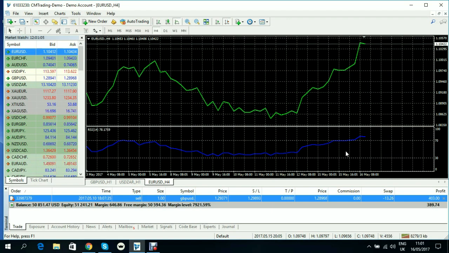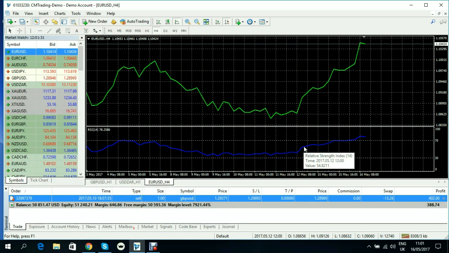In order to avoid fake outs, you need to understand this: when the RSI is above the value of 50, then a possible uptrend may be confirmed. Let's say here you can see the value 54.